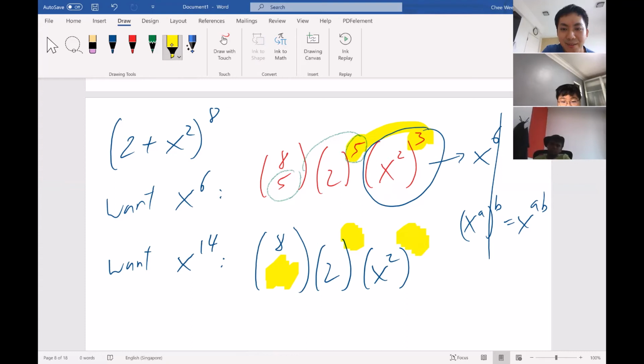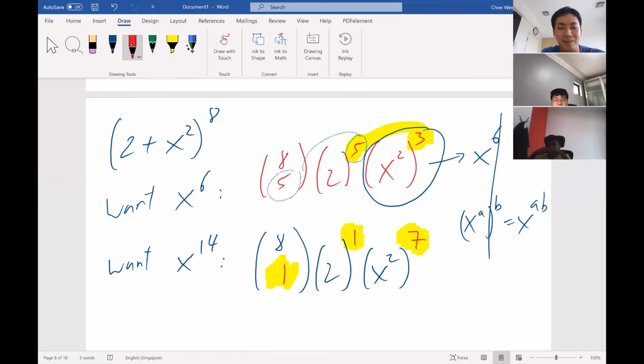If I want x to the power of 14, what do you think this something else should be then? 7. Understand? Once you figure out that this is 7, everything checks out already. That means 2 must be to the power of 1, then 8 must be to the power of 1, following his style. Understand now? Get it?